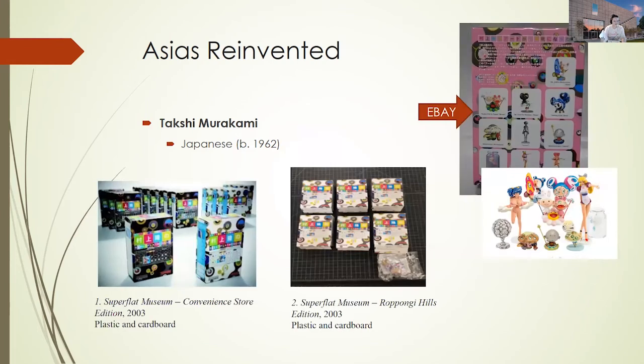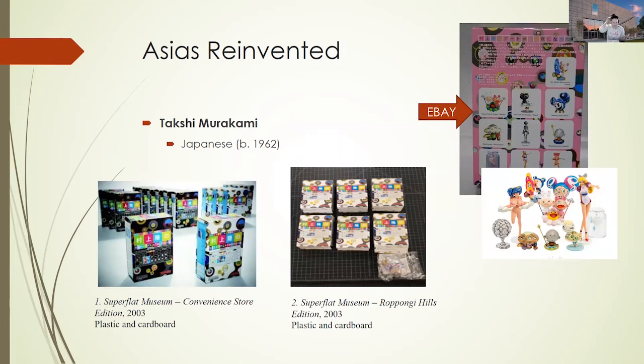He also does these things called Super Flat museums. These are basically his way of breaking down the ideas of traditional elitist art and instead replacing it with pop culture. He uses a lot of anime, and he creates these little figurines based off his invented characters.